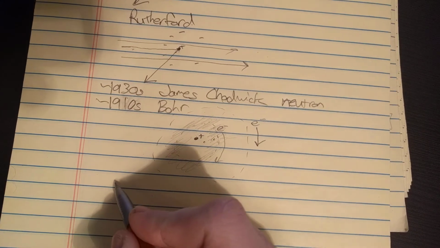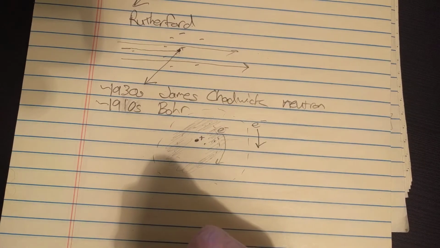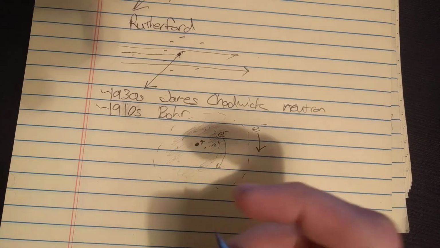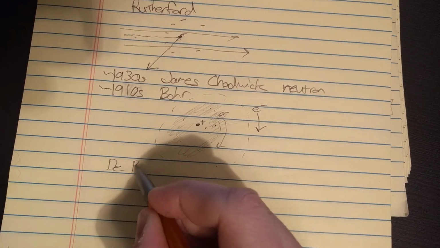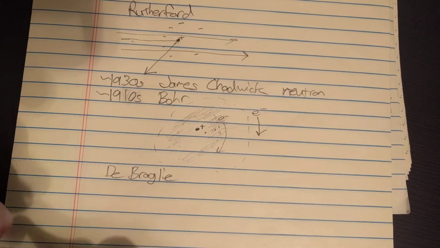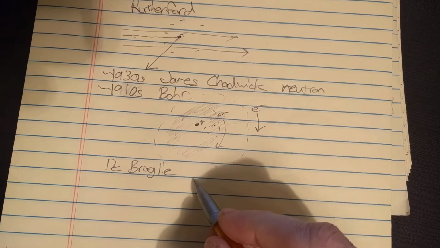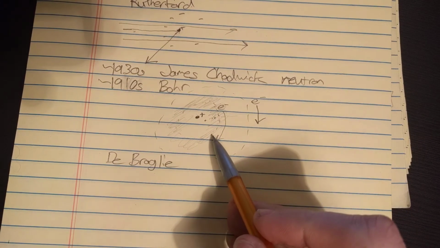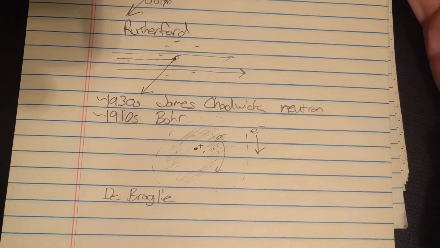Now, things got completely confusing when a man by the name Louis de Broglie, a French physicist, said, well, okay, so the whole time during this video, we've been treating matter as if it was made of particles, right?